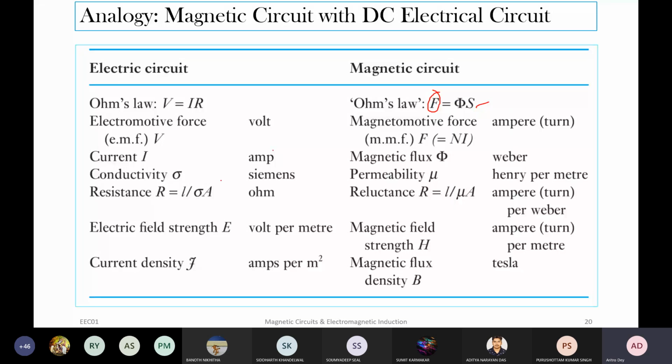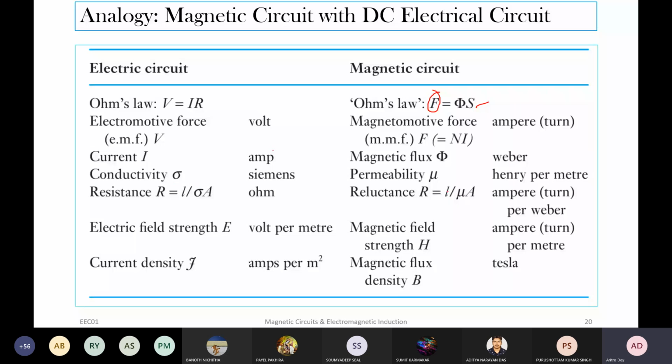Conductivity is similar to permeability mu. So it is allowing the flux line to develop. Similarly, conductivity allows the current to flow, and resistance R equals rho L by A or L by sigma A, where sigma is the conductivity, and reluctance equals L by mu A, where mu is the permeability. So this is conductivity and this is permeability. They are analogous.